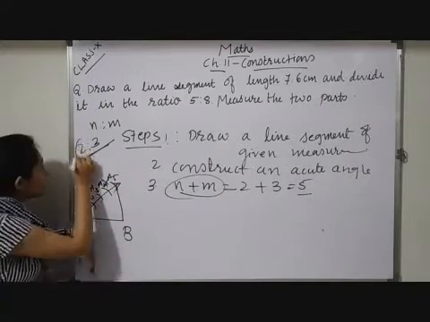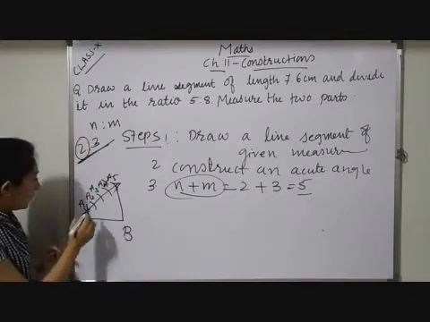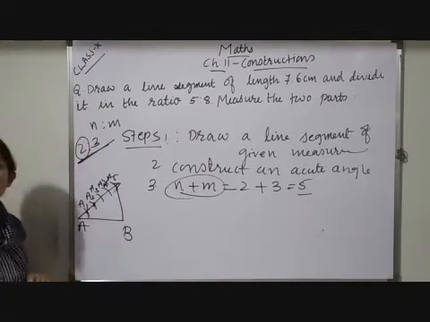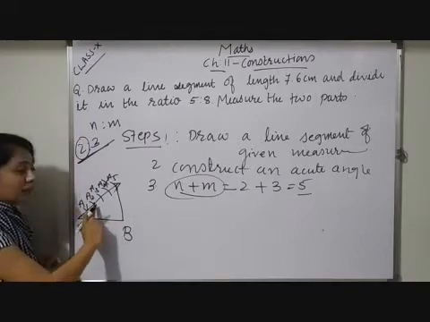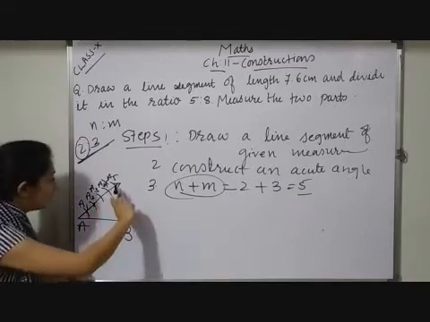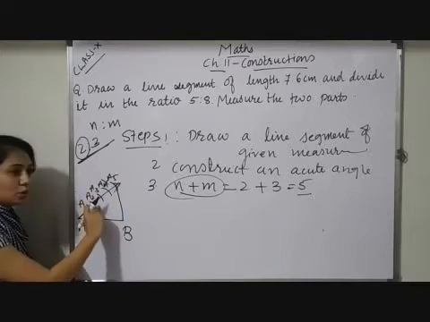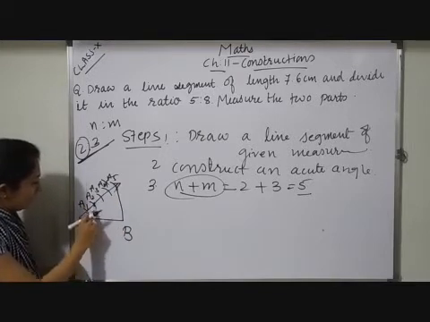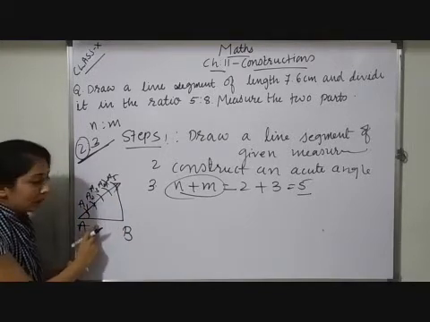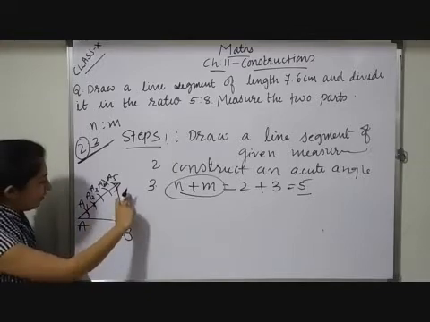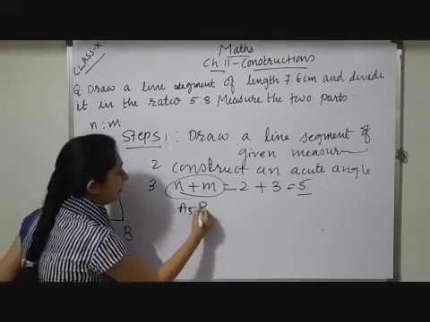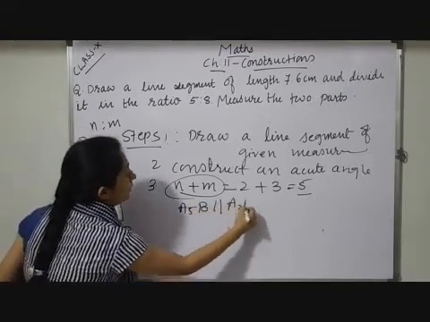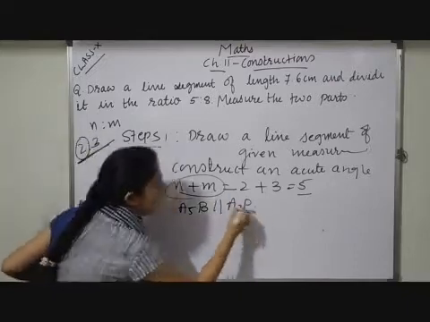So the first number is 2. So at 2 I have to construct a parallel to A5B, meeting the segment at a point P. So here I have to construct A2P parallel to A5B. This point P I have assumed.